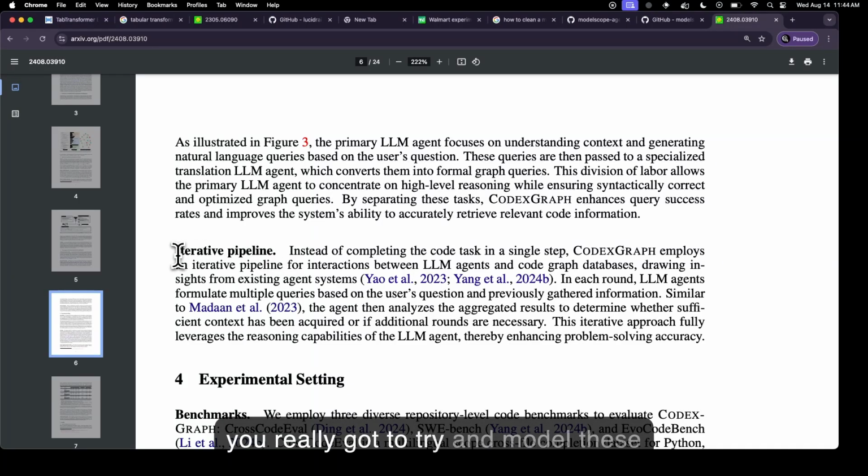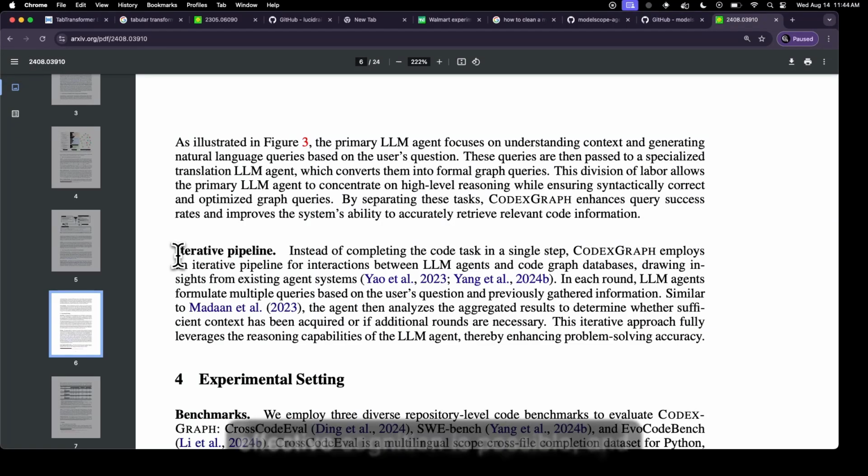You really have to try and model these on human cognitive processes in general, because you have to assume, if you get really deep into all this, that there are underlying universal laws that explain why effective cognition is possible, and then effective cognition ultimately becomes consciousness down the road.